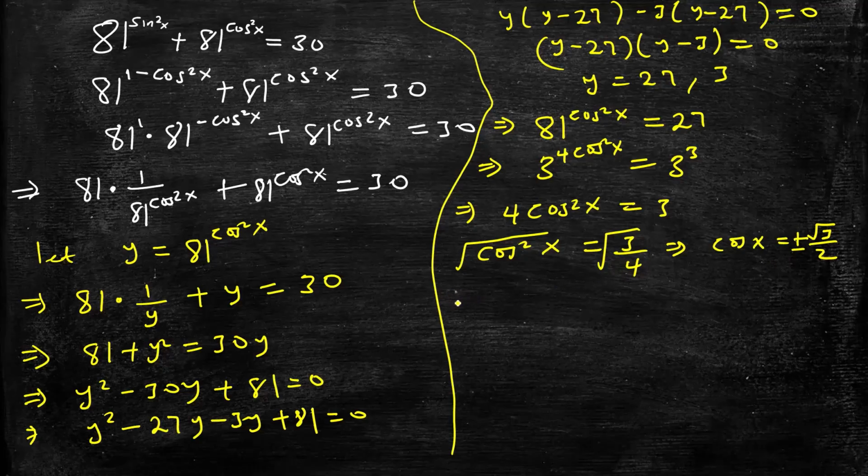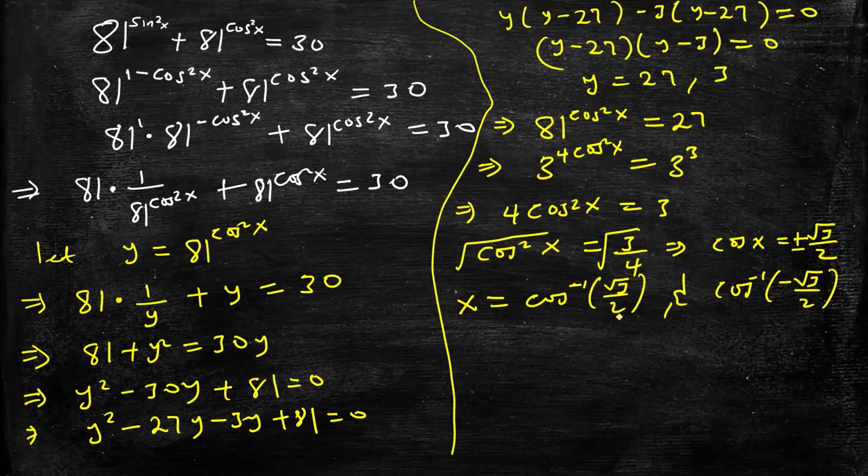So the first answers here: cos inverse of root 3 on 2, and cos inverse of minus root 3 on 2.